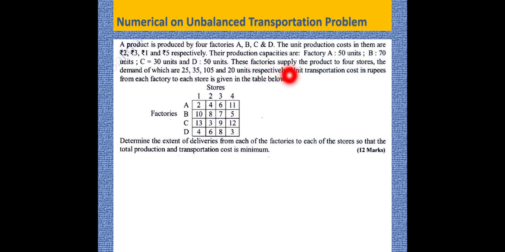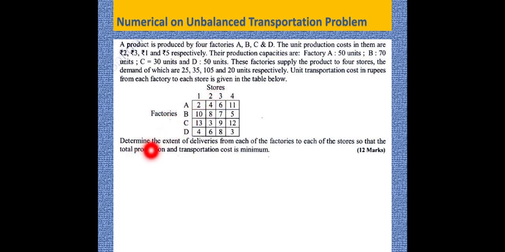These factories supply the product to 4 stores, the demand of which are 25, 35, 105 and 20 units respectively. Unit transportation cost in rupees from each factory to each store is given in the table below. So the table shows the transportation cost from factories to stores.